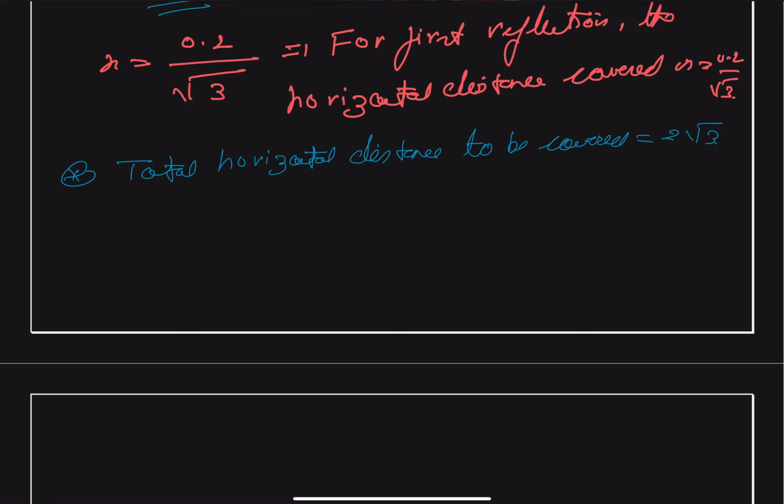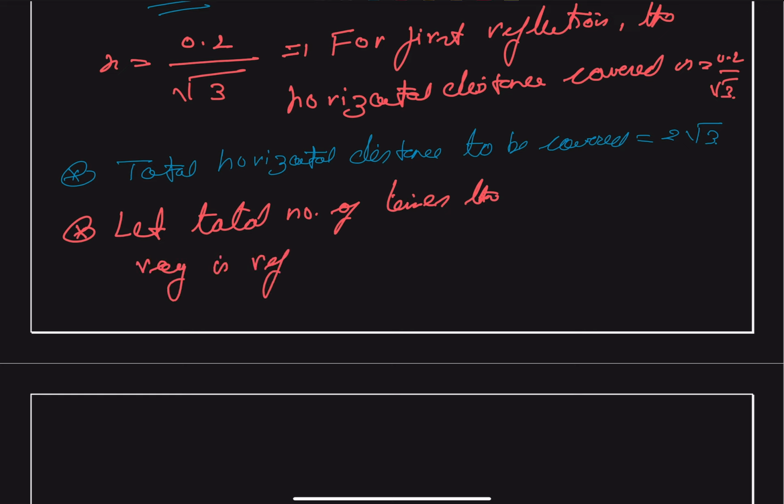And let us consider that the total number of times the ray is reflected to cover 2 square root of 3 is, let us suppose, n.